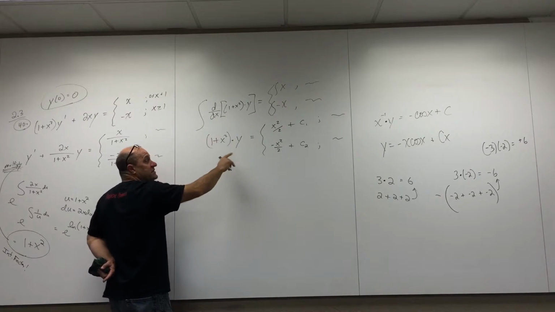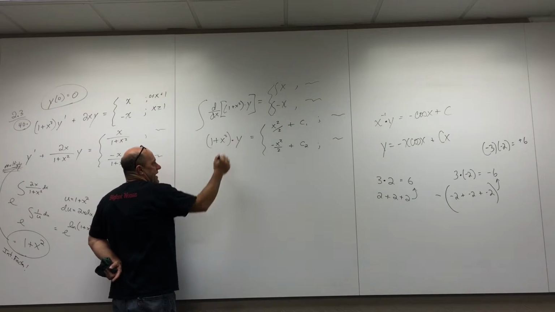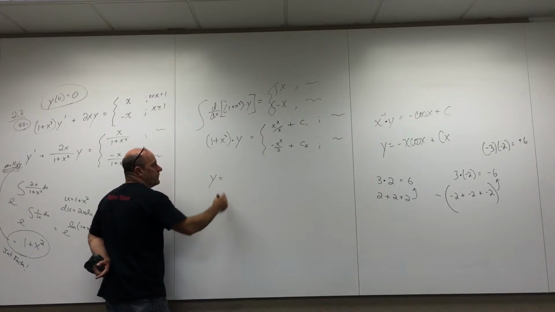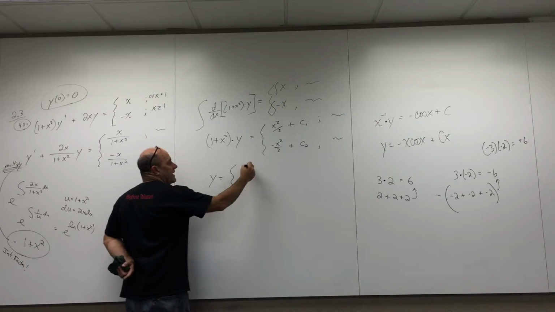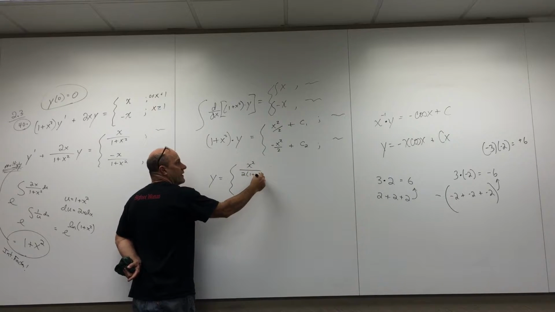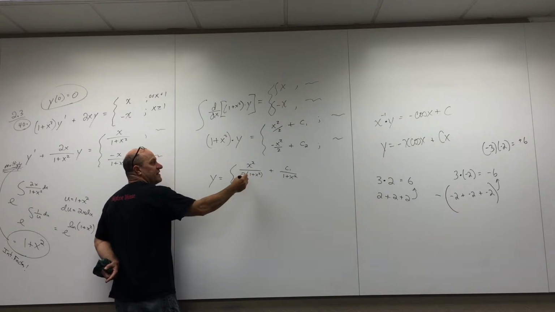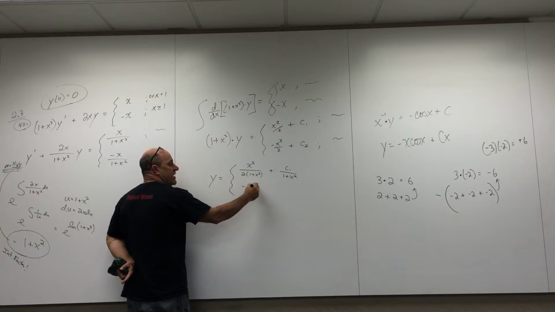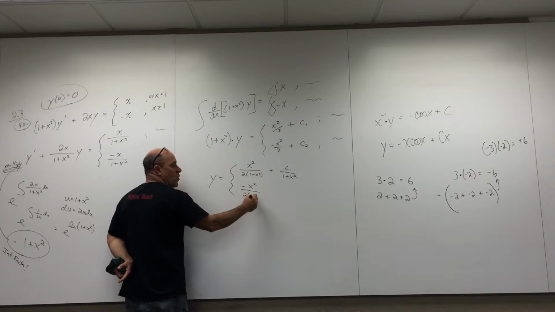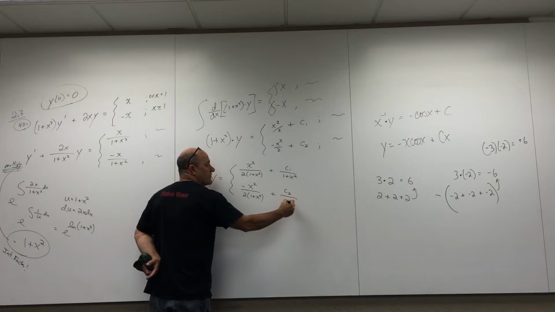I integrated both sides. To finish this problem, there's one more move: get y by itself. Y equals x squared over 2, divided by 1 plus x squared, plus c1 divided by 1 plus x squared. And then negative x squared over 2 divided by 1 plus x squared, plus c2 divided by 1 plus x squared.